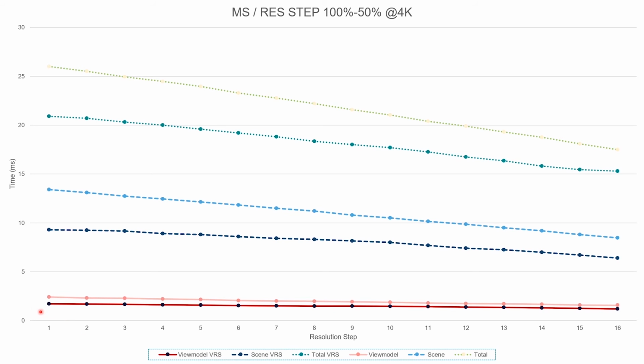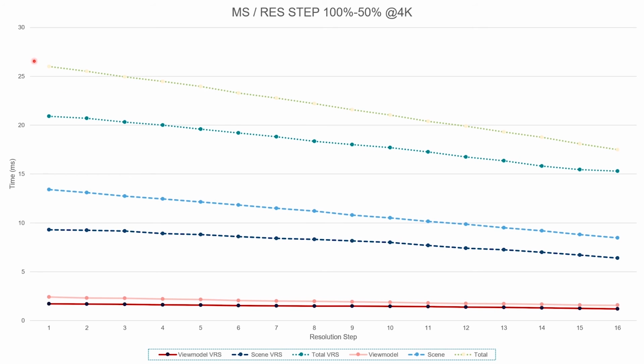So you can see the view model, this is our weapon that has a lot of triangles per screen tile, is not actually getting that much of a benefit from VRS, this is the line up here. Then looking at the scene itself, we can see that we start up pretty high, this is almost a 4 millisecond difference, but it starts diminishing quicker than not using VRS.